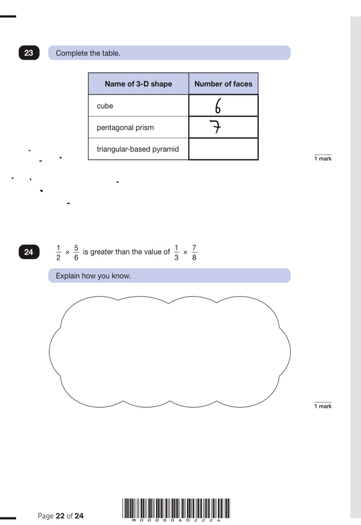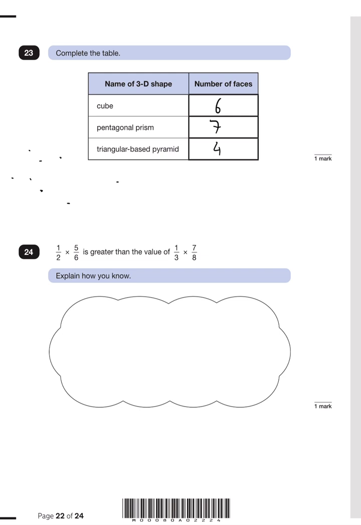And a triangular base pyramid, so a triangle thinking 3 edges for the triangle part, so it'll be at least 3. And then there's the face at the bottom, and that face at the bottom would make 4.